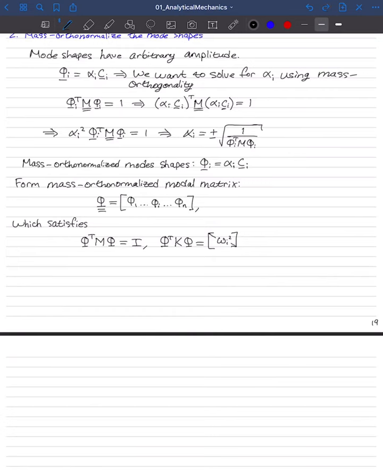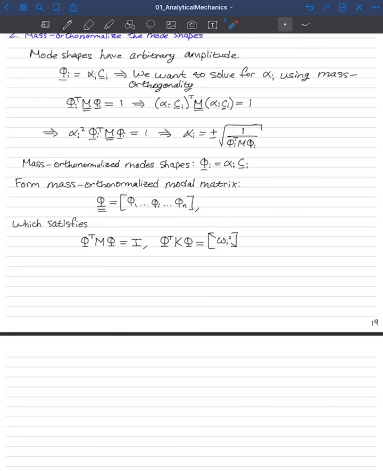And the symbol here just means a diagonal matrix rather than any other kind of matrix. Diagonal matrix where the entries along the diagonal are omega I squared. Okay.